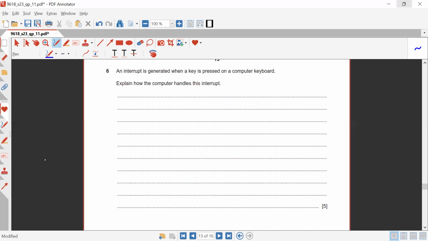Once the flag is raised, the system halts any process it is working on and saves the progress of that process. Once it is saved, the interrupt will be handled. Once the interrupt has been handled, it will check for any other interrupt. If there is one, it will handle it. If not, from that saved point it will continue to process that data. So this is how you need to write it down.